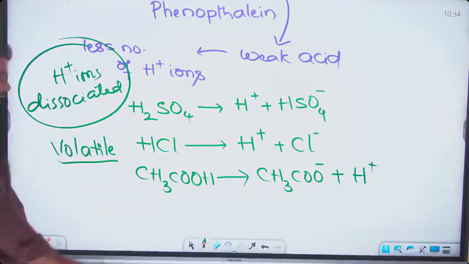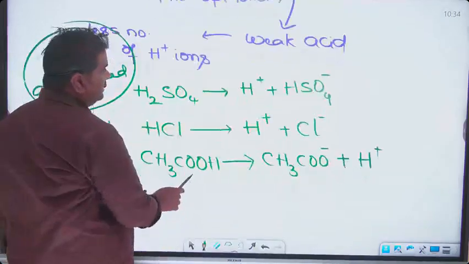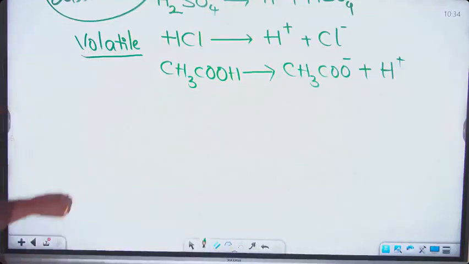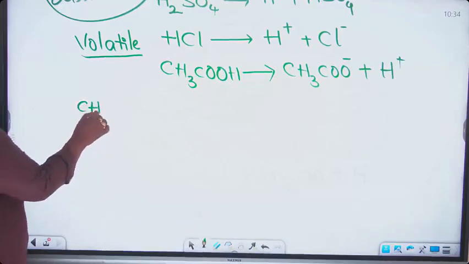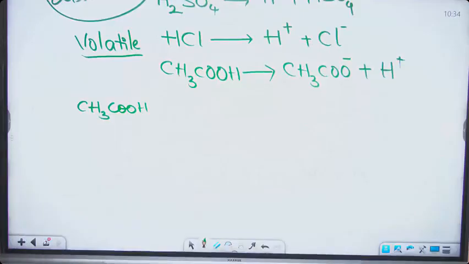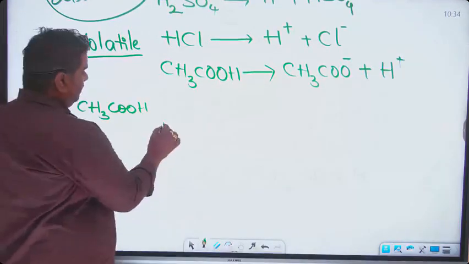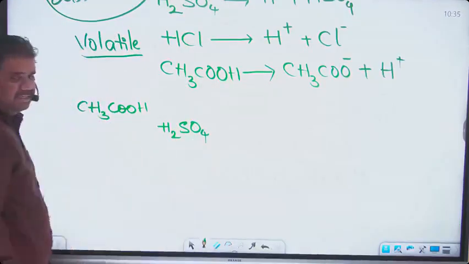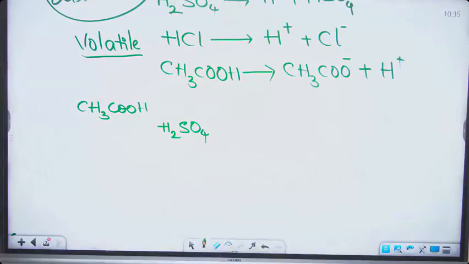But write the complete statement. Acids are volatile, but acetic acid is highly volatile. Acetic acid is highly volatile when compared to sulfuric acid.